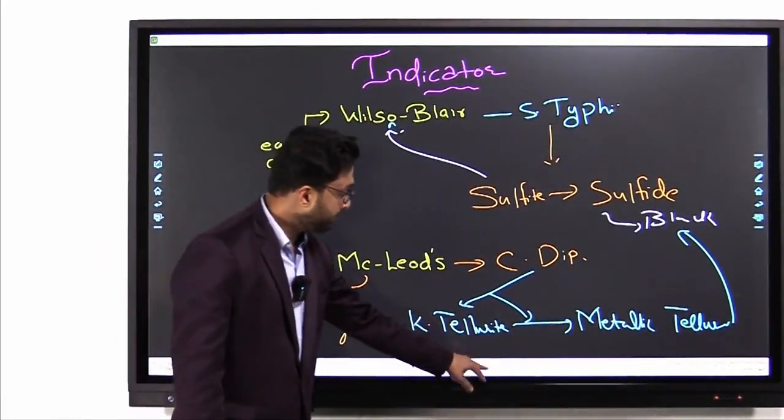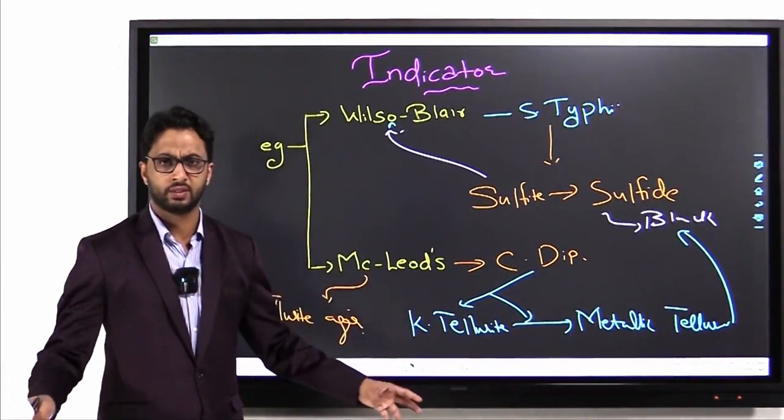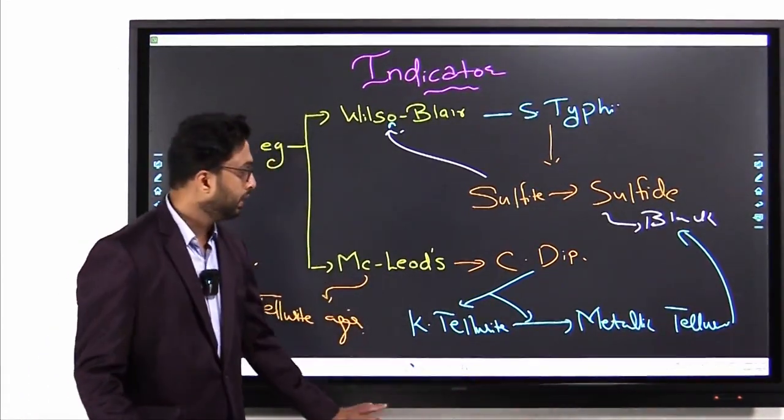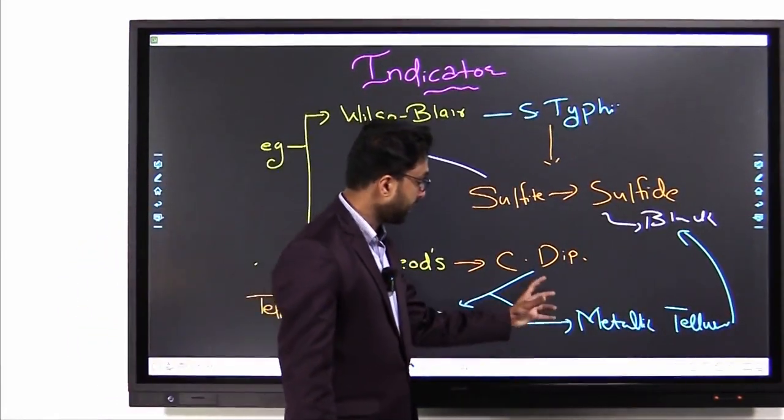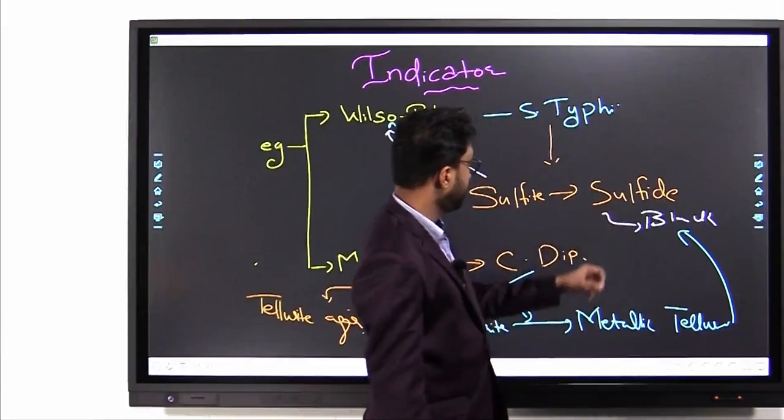So potassium tellurite into metallic tellurium. Now, is it very significant to learn this? No, but just to know it, you get black colonies. Why? Because it converts potassium tellurite into metallic tellurium, which is black.